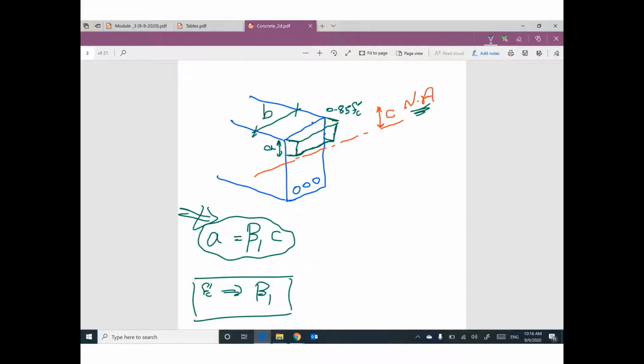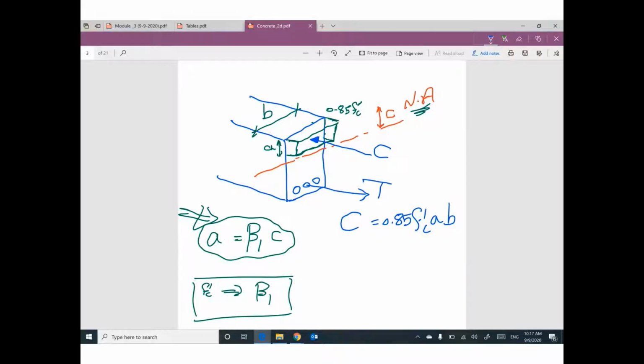If you are looking for the equivalent compression force in concrete, capital C, this capital C equals the volume of this stress block, 0.85 f'c a b. And also we have tensile force, capital T, in the steel reinforcement.